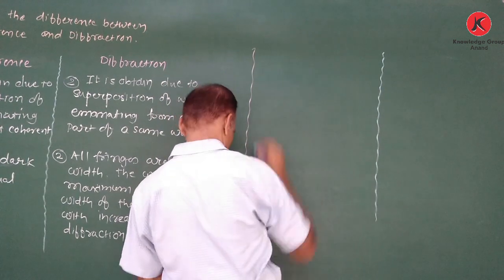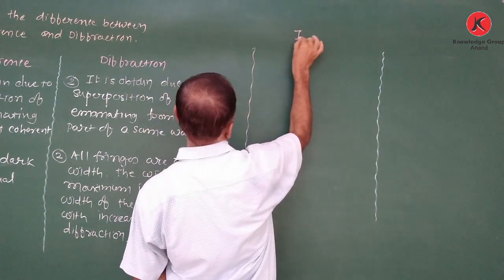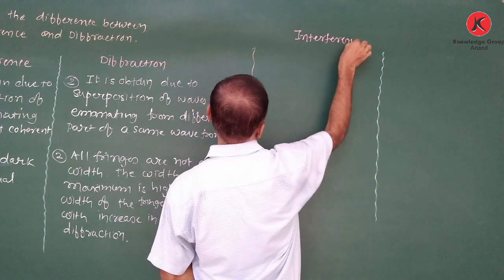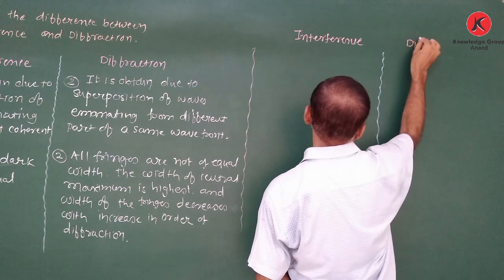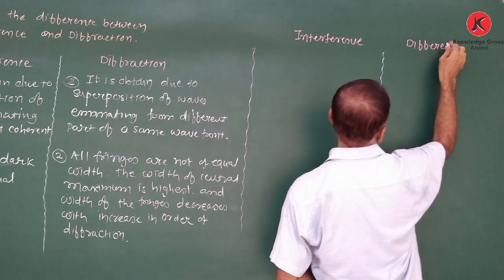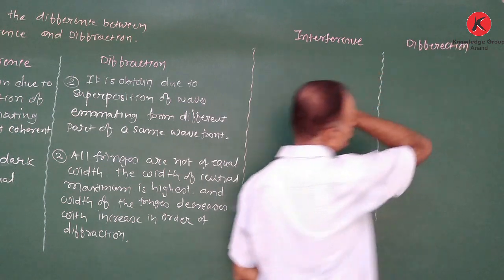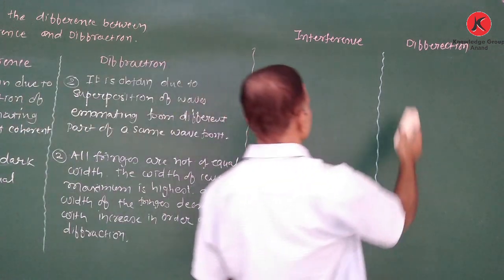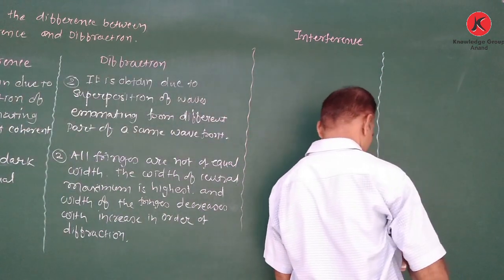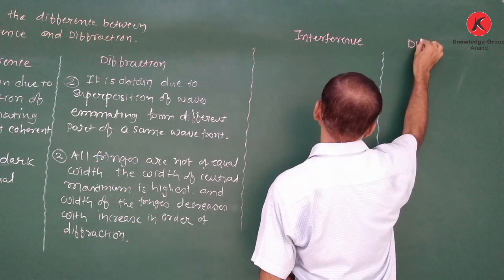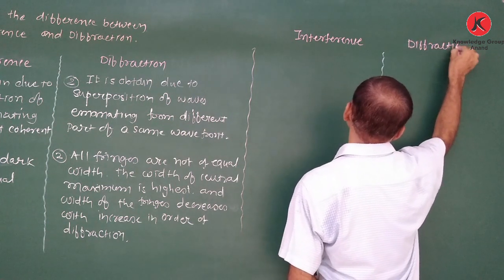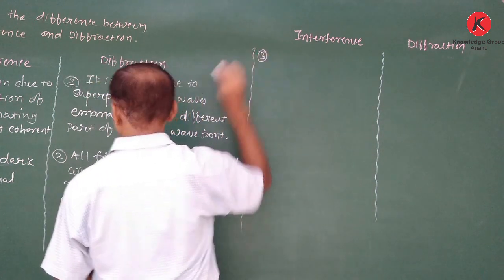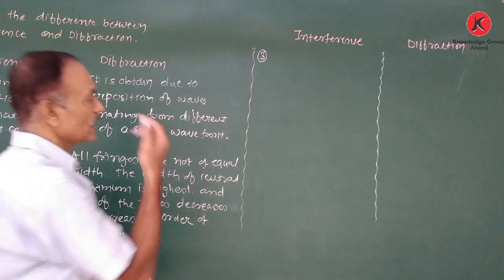Here again, interference on this side and diffraction on this side. The third point is that the intensity of bright fringes is equal.